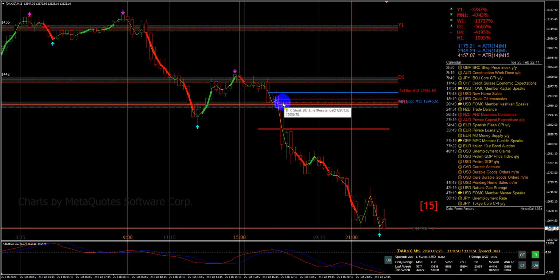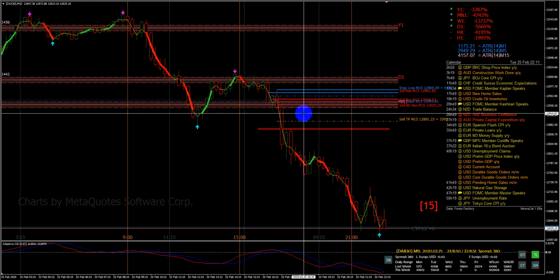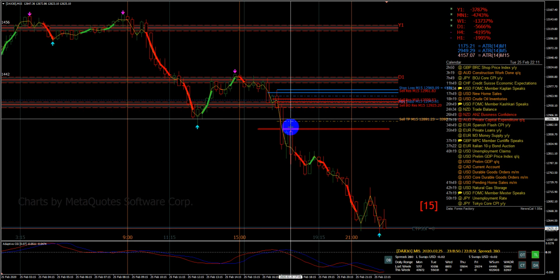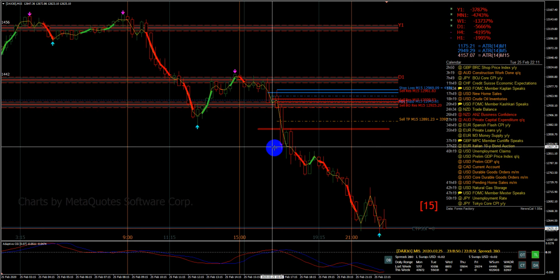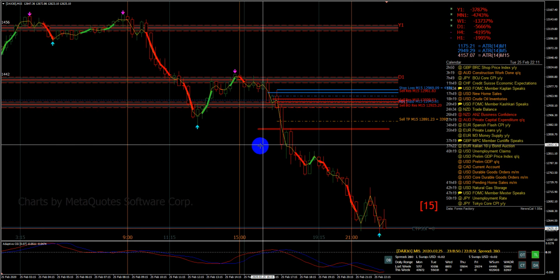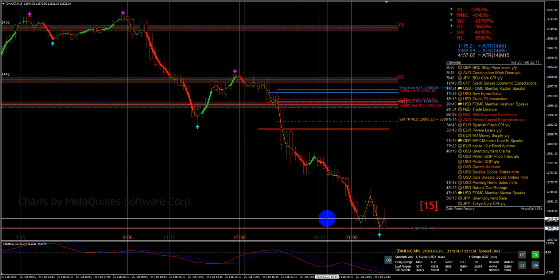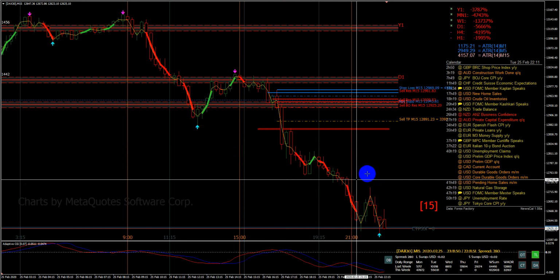And again, we see that after this candle, this candle right there was an opportunity to get in short. We don't have any more support resistance lines right here further, we would have to look for them.